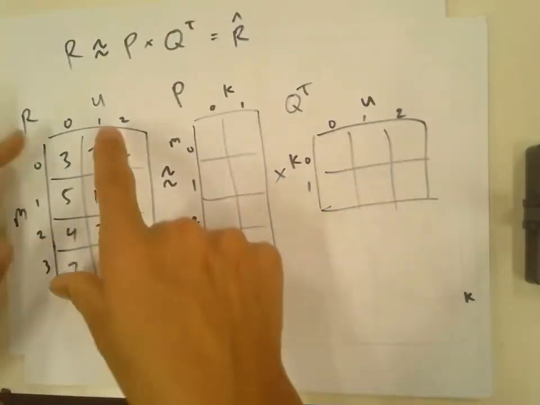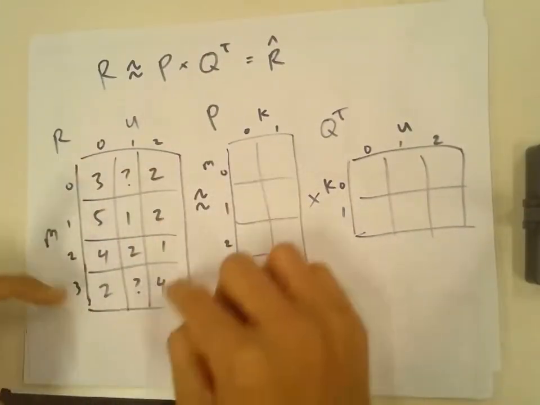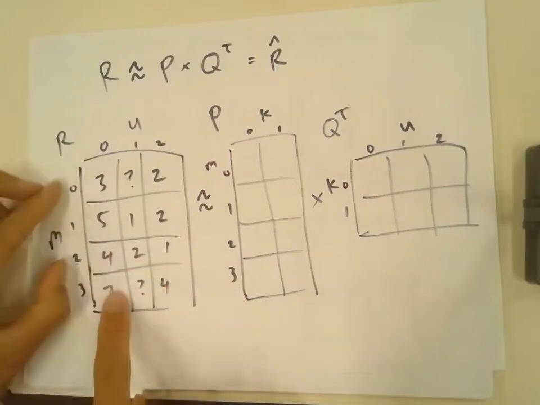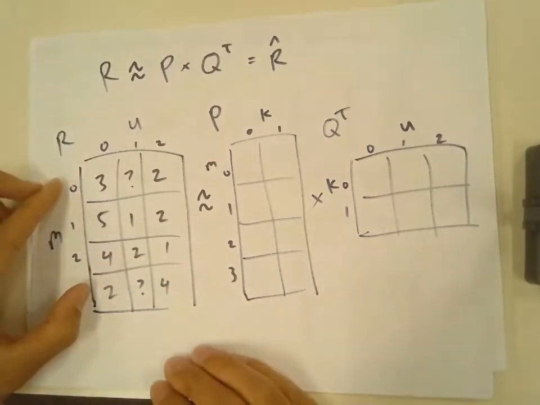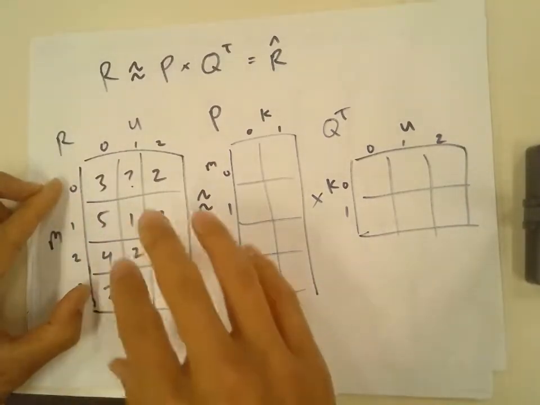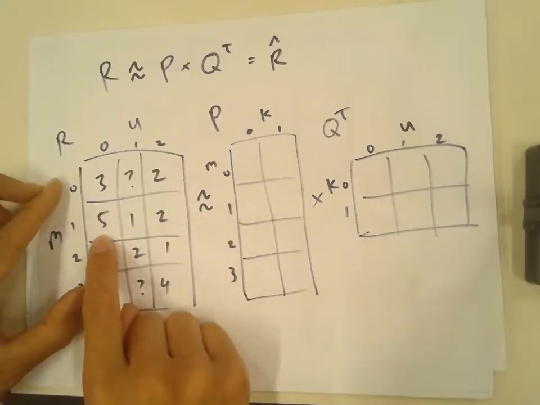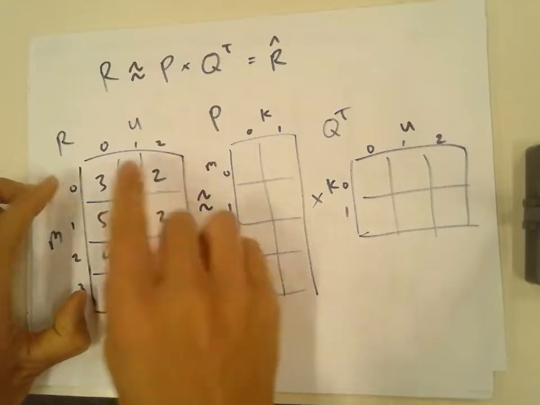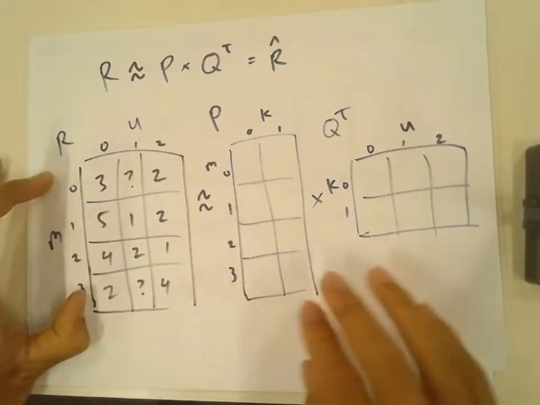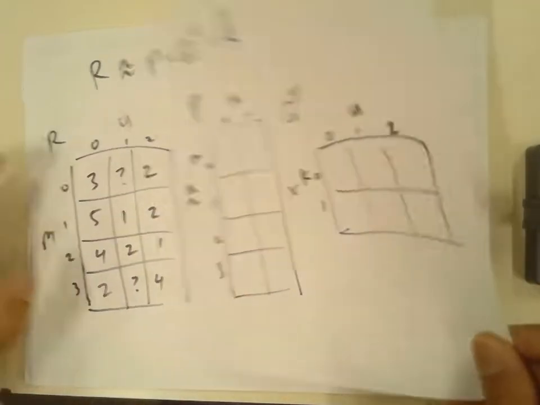We're trying to approximate a matrix R hat that approximates R and minimizes the error. It's not going to be perfect. It's going to be like 3.1, 4.85, 0.8. It's going to be close, but not exact.